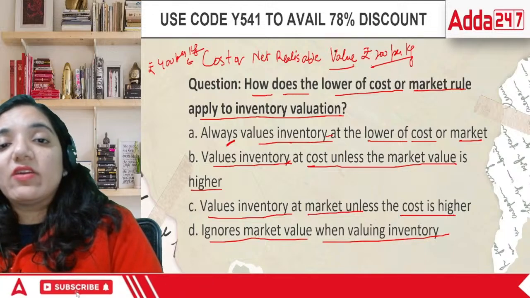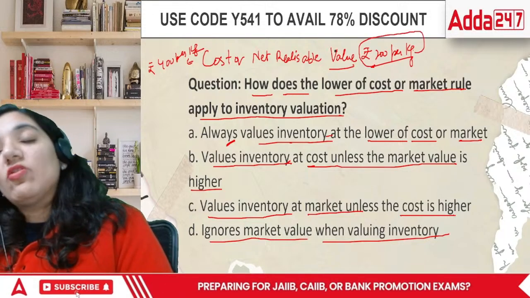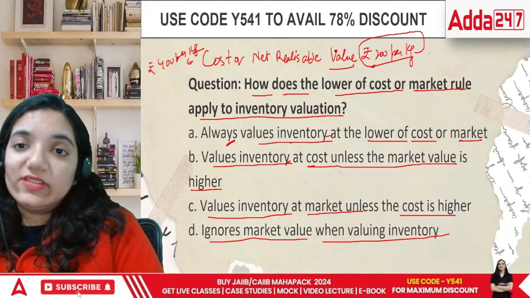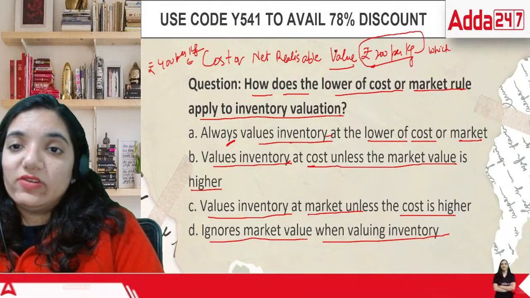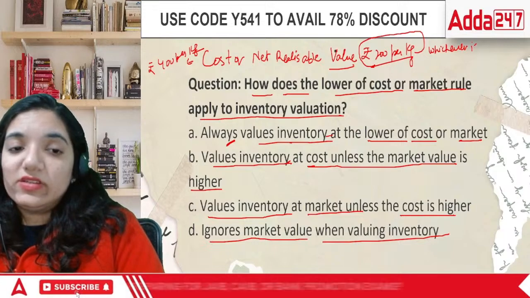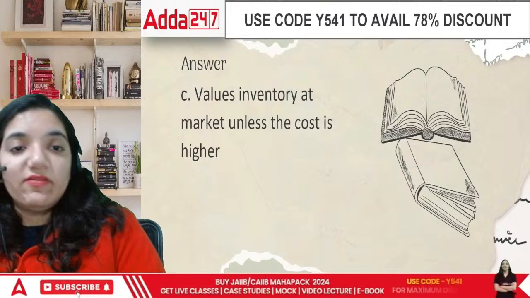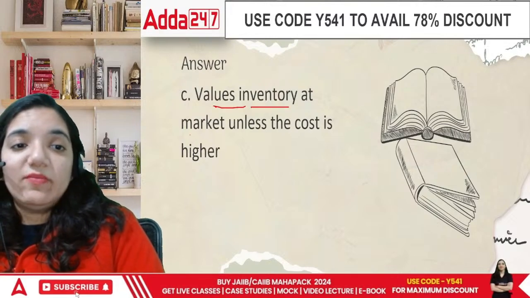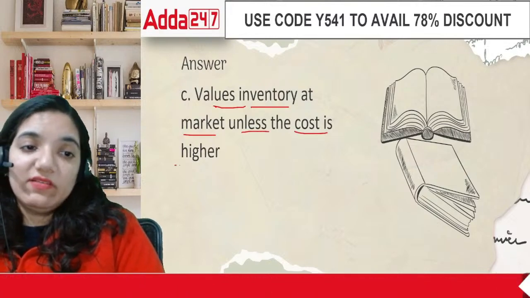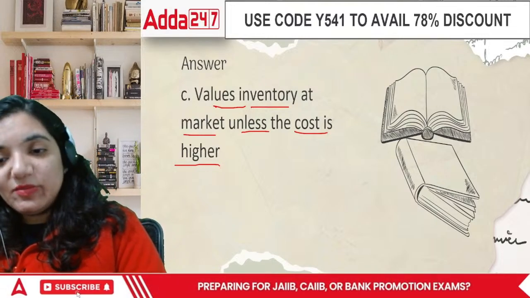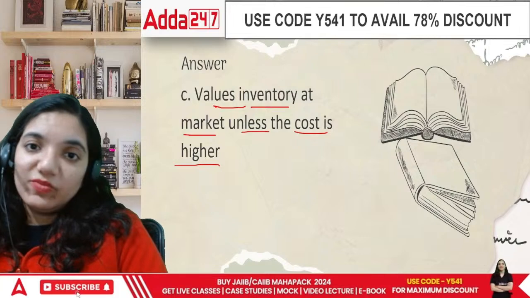So they say record it at 200. Cost or net realizable value, whichever is less. This is the formula. So the answer is value inventory at the market unless the cost is higher.